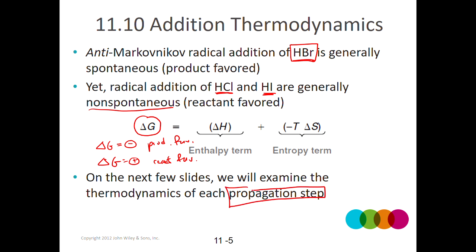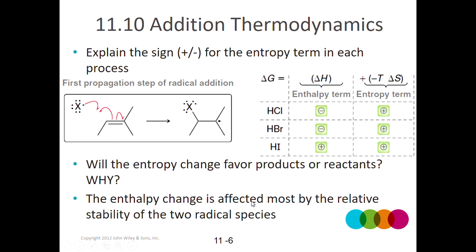Those are the steps that produce the vast majority of the product. So those are the key steps that determine whether or not the product's going to be favored or reactant's going to be favored. So if we look at the propagation steps, the first one was where the radical adds across the pi bond. And in this case, the reaction is not product favored when I use HI.